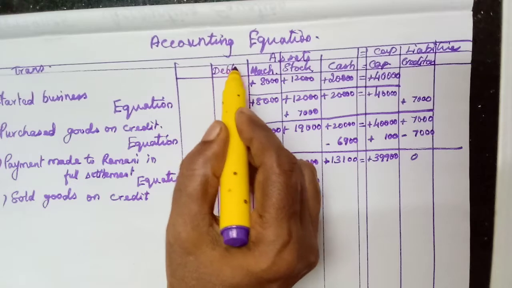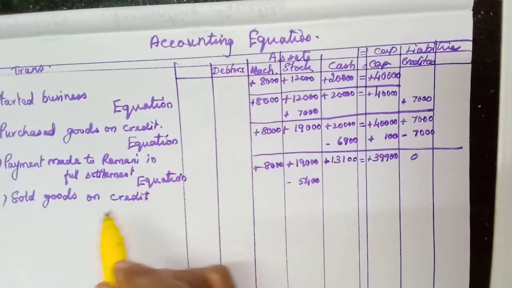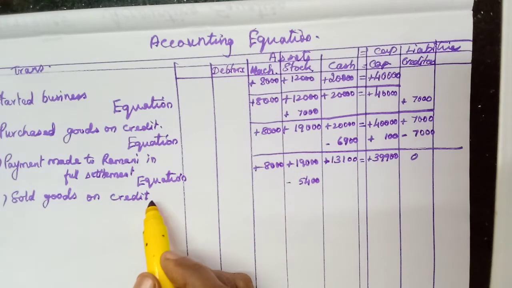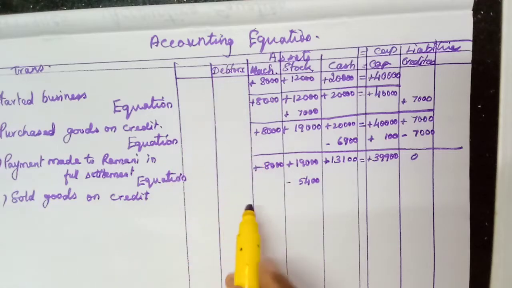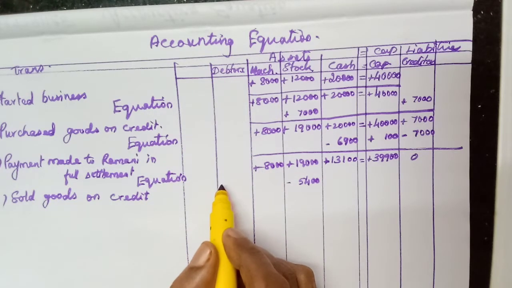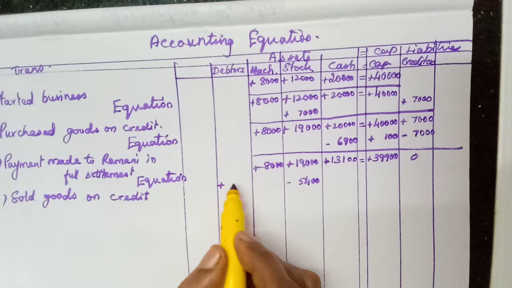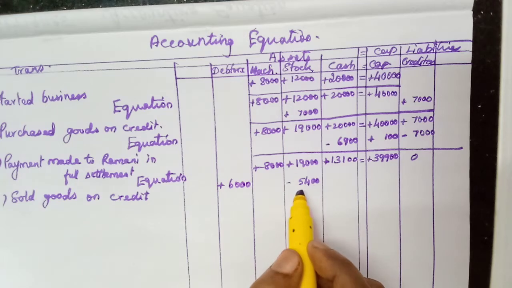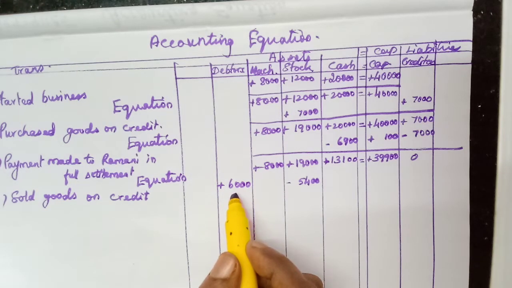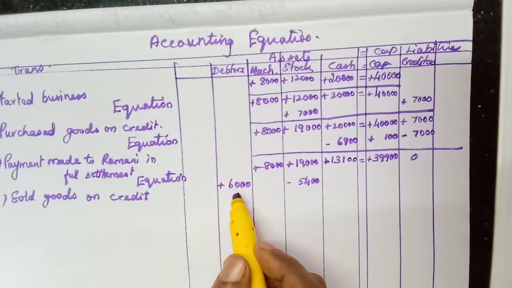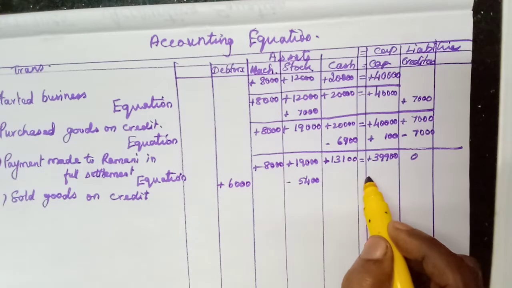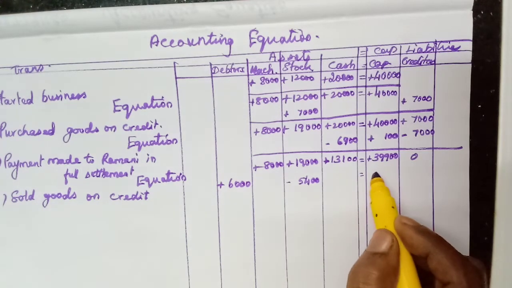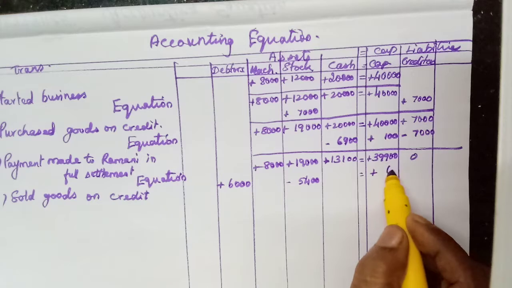You have learned, isn't it? So if we sold goods on credit to which person? Rajan, that is called debtors. So it will increase. How much? 6,000. Costing 5,400, we are selling for 6,000. So 600 is the gain for the company. So we have to write here plus 600.